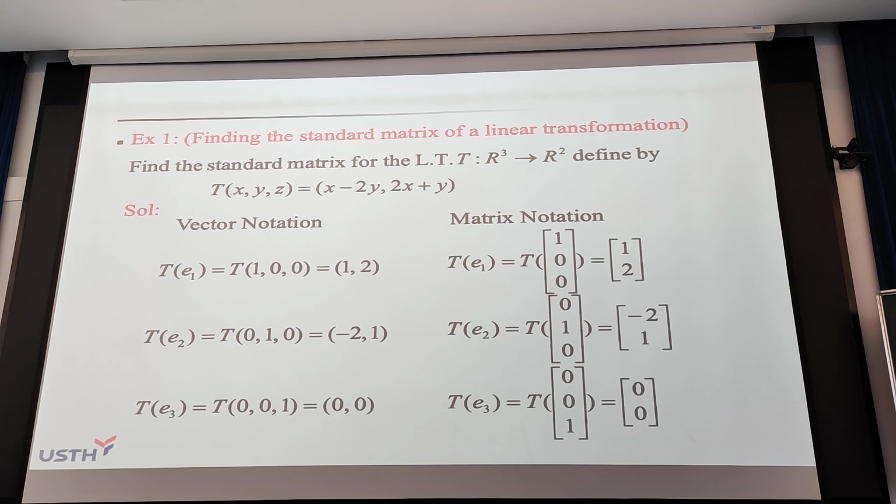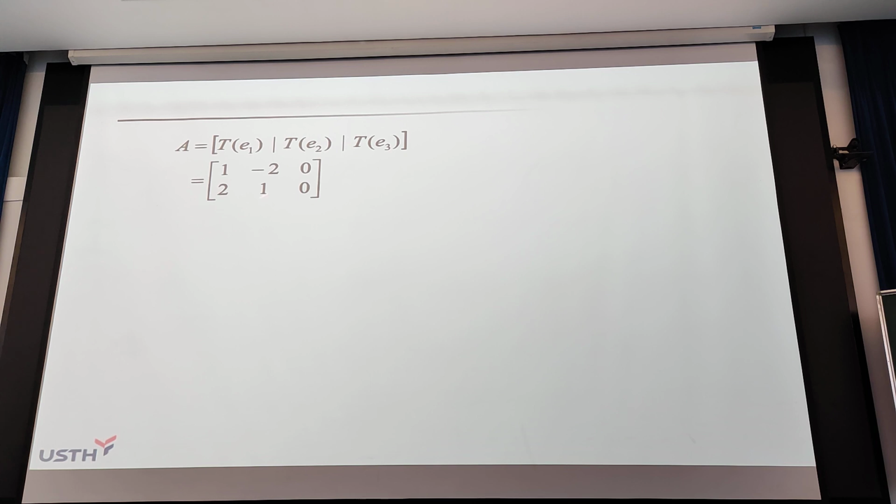Now we have 3 columns, and if we put them side by side, you get that one. The first column is here, the second column is here, and the last column is here. So the standard matrix will be that one.